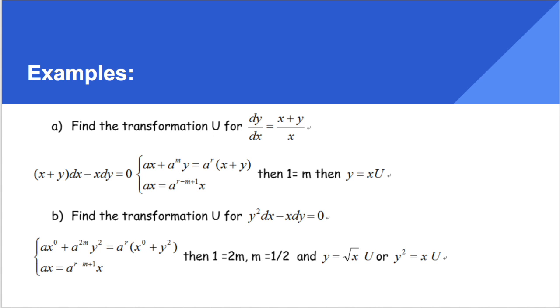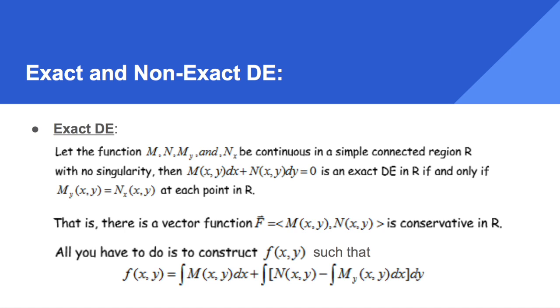Plug into y equals u times x to the power of m, and we get y equals square root of x times u. Substitute it into our original equation, get an easier differential equation, and solve it using separation of variables. Note that after solving those equations using u, you need to change back to x and y to get a correct solution. Next, let's take a look at exact differential equations.